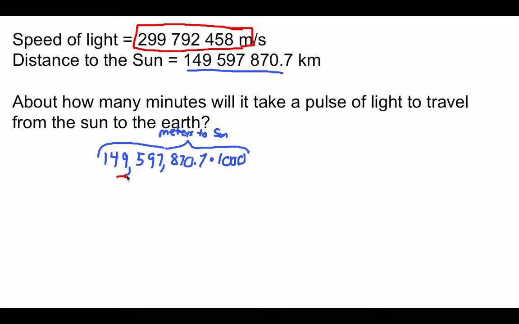So if I divide by this, divide by 299,792,458, this now, let me circle all this.